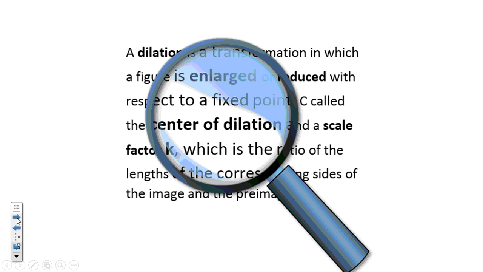And dilations are a transformation in which the figure is enlarged or reduced with respect to a fixed point C called the center of dilation, and a scale factor K, which is a ratio of the lengths of the corresponding sides of the image to its preimage.